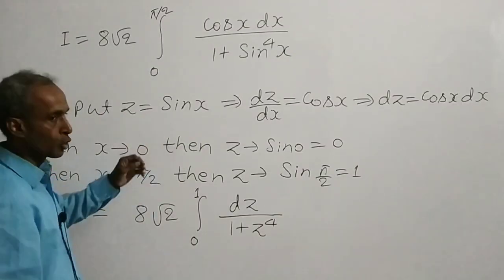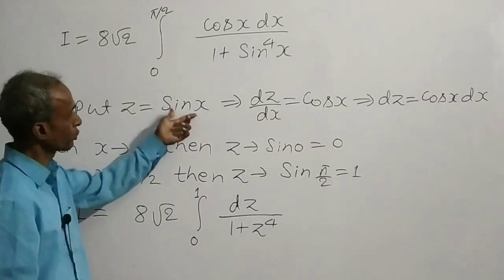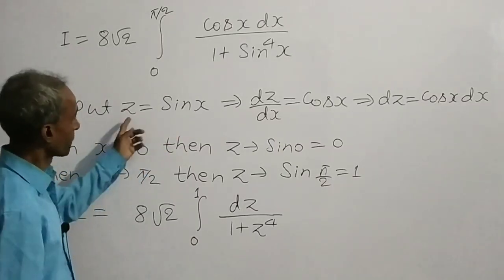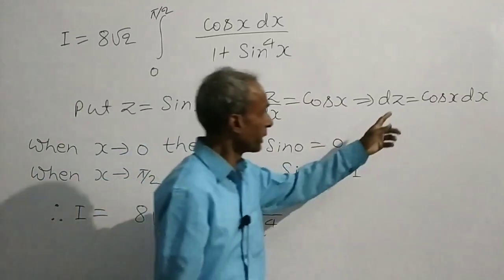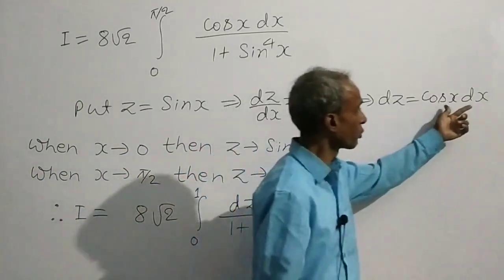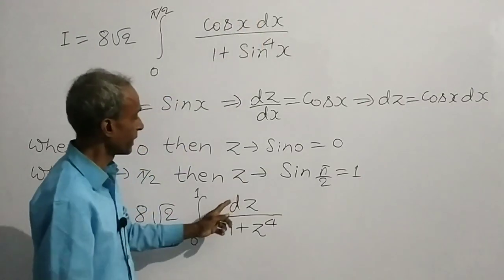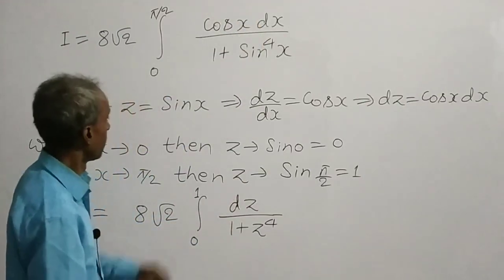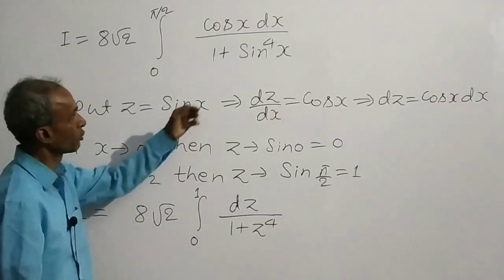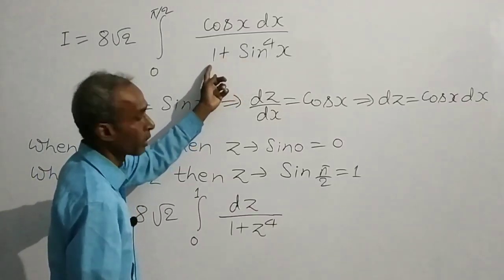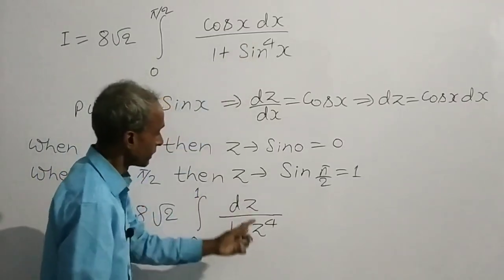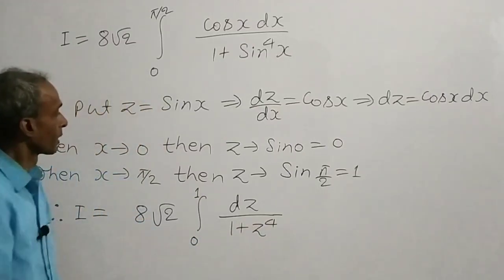We substitute z is equal to sin x. After differentiating, we get dz is equal to cos x dx. Therefore, in place of cos x dx, we write dz. And since z is equal to sin x, we write 1 plus z4 here.